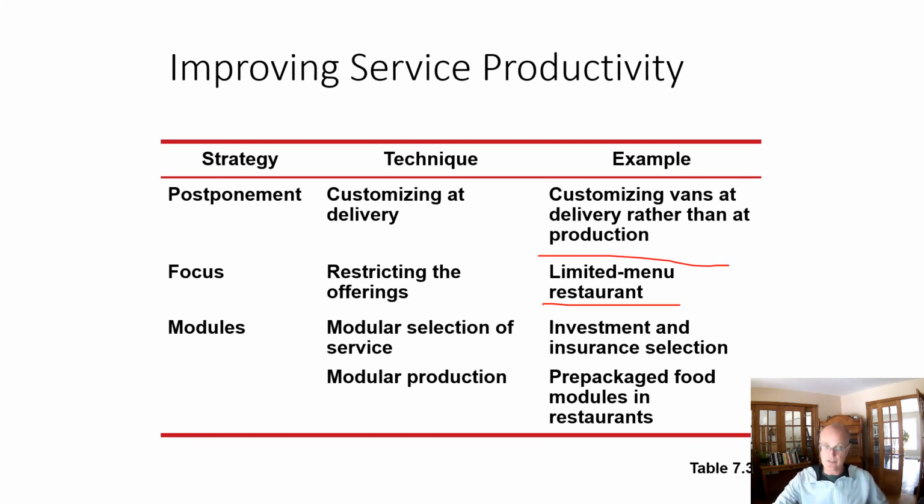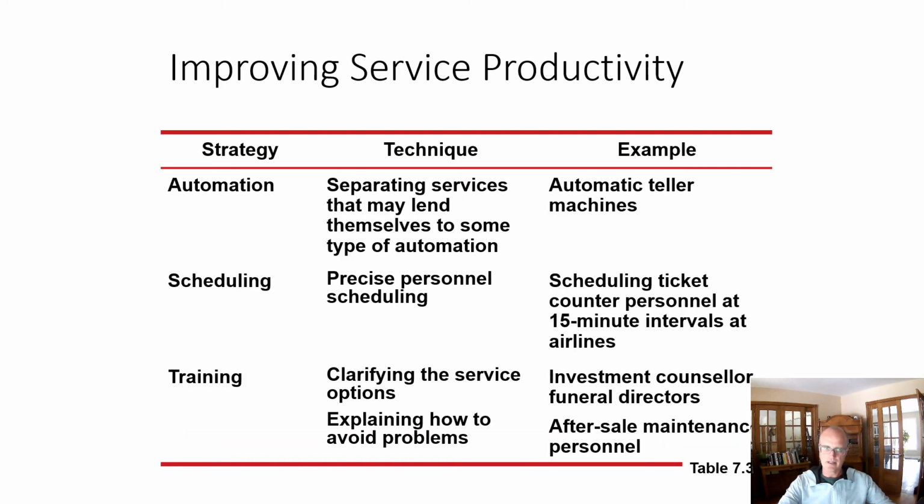So that's something that can be valuable. Modular selection of service, again, we talked about that. Investment and insurance selection, prepackaged food modules in restaurants so that you can go to the specific things that you need.